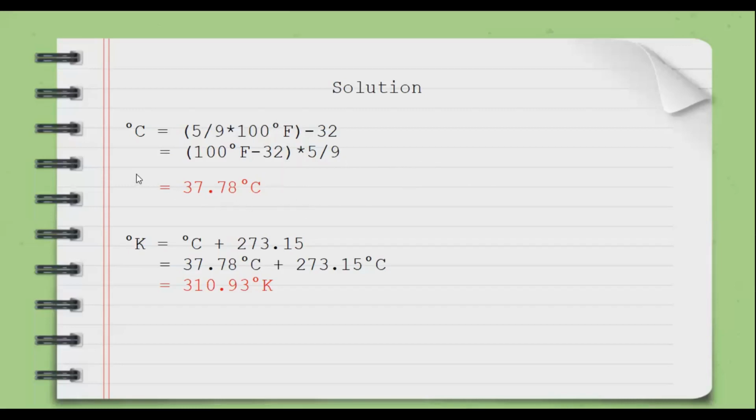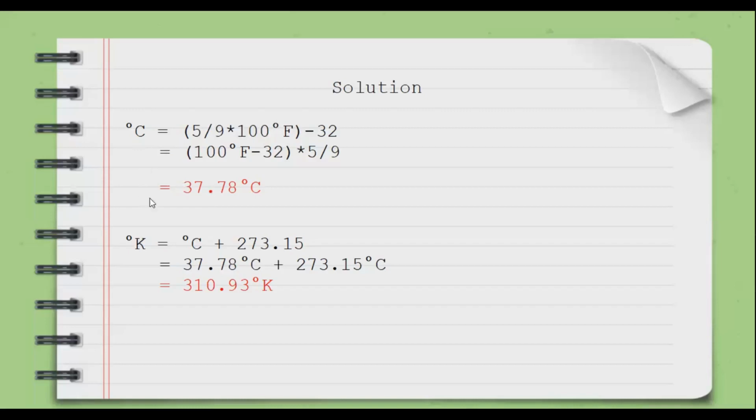Since we already have the degrees C value, we can now use the Kelvin formula, which is degrees C plus 273.15. The degree C here is the computed value, 37.78 degrees.